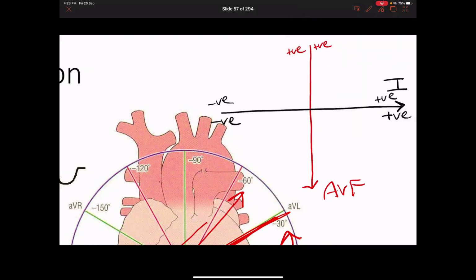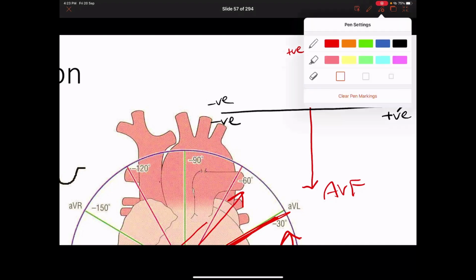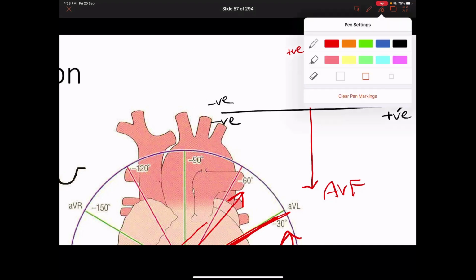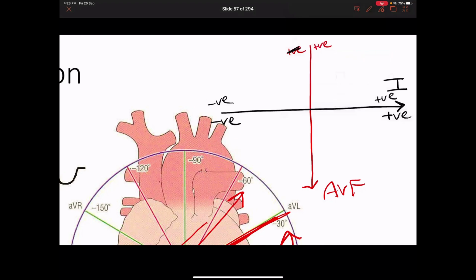Okay, and this side is the positive. So right axis deviation means it's somewhere here.